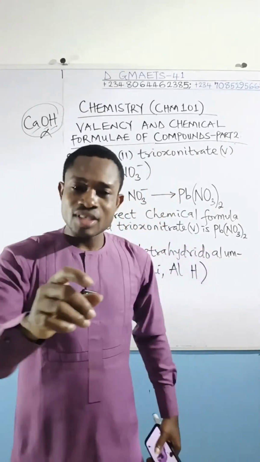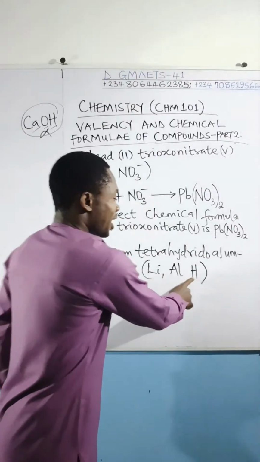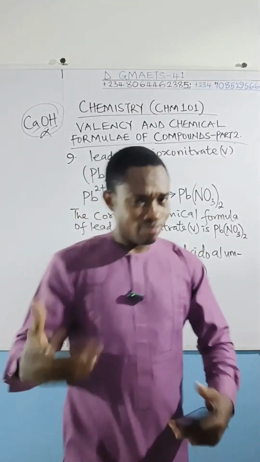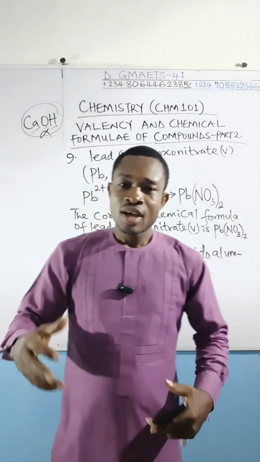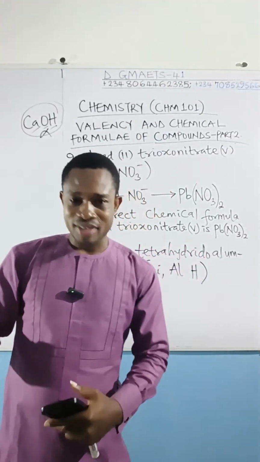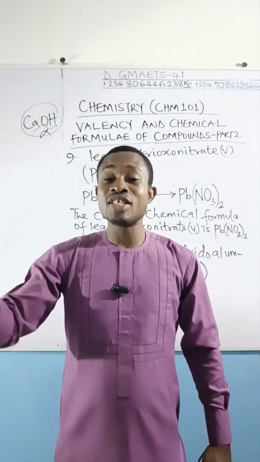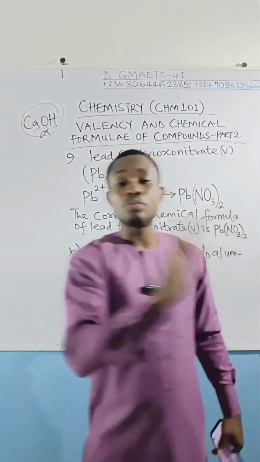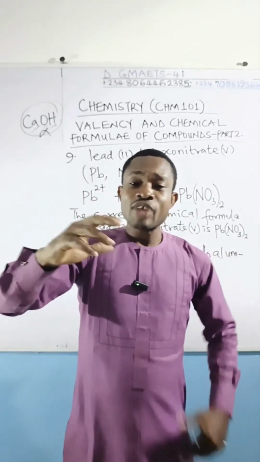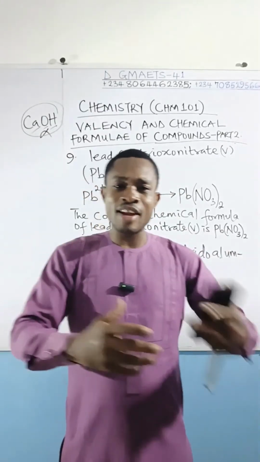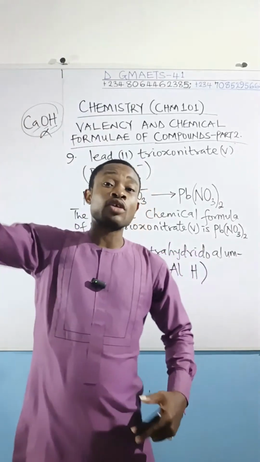Now, you notice that this one is a metal. This one is a metal. Hydrogen, there's something about hydrogen. You will be told that hydrogen behaves both as a metal and somehow as a non-metal. In the periodic table, hydrogen is placed on the metal side, in group 1. But if you are studying preparation of elements and their compounds, hydrogen is classified under non-metals.